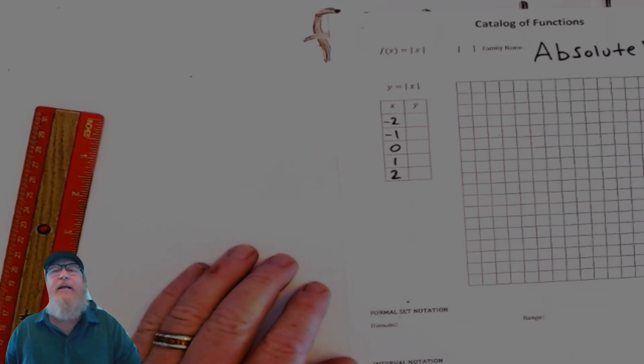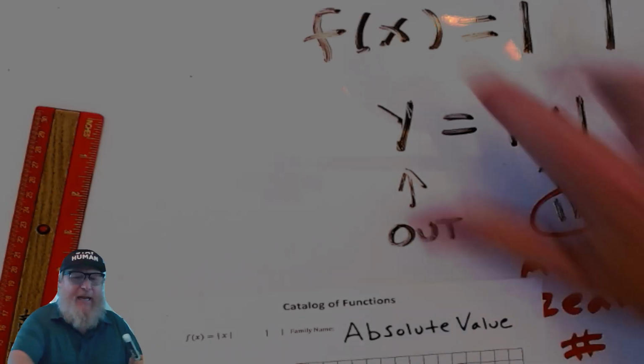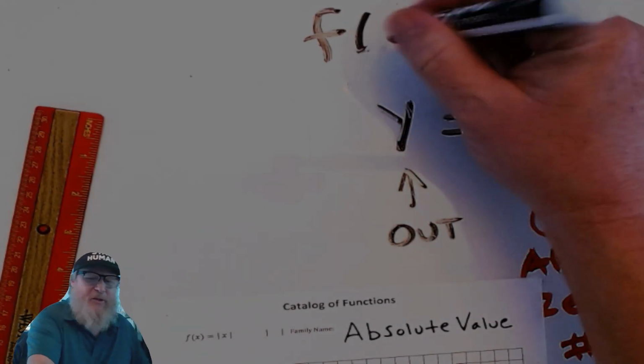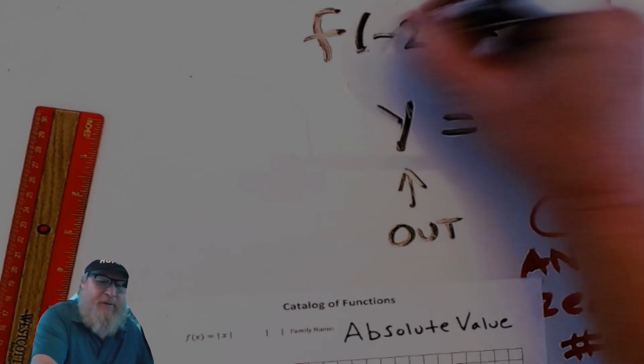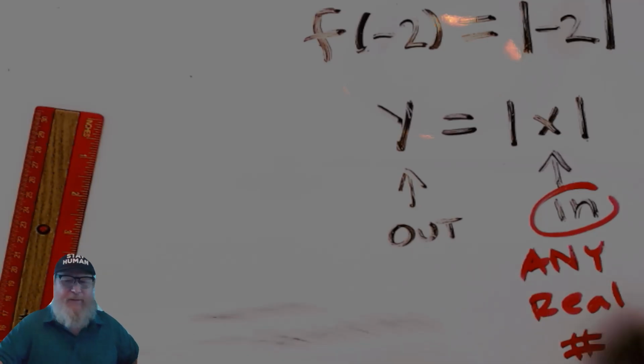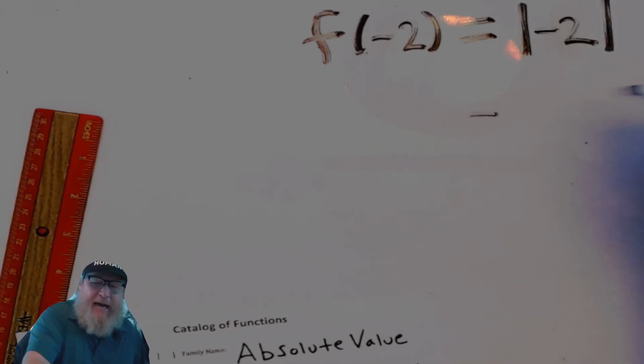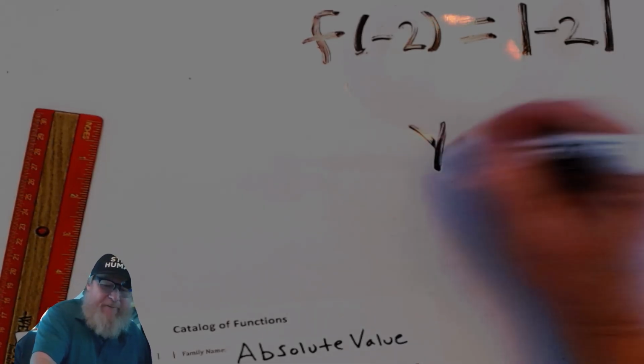All right, -2 is my first input. So let's do that. -2. So we're plugging in -2 for x. That's going to be our input. All right, and then the number that comes out is the y value.